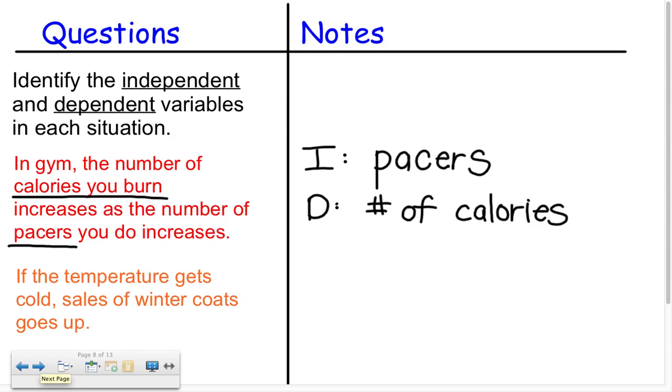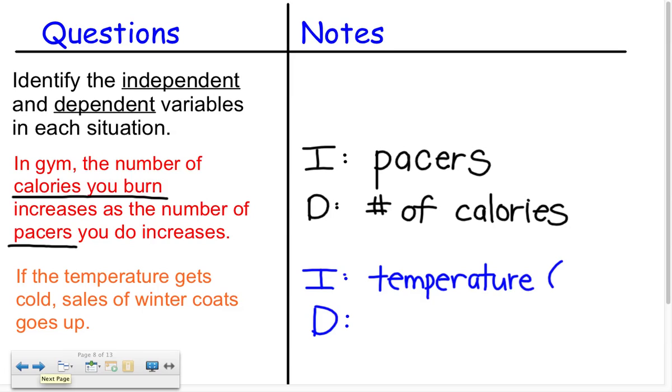If the temperature gets cold, sales of winter coats go up. So what has to happen first? Is the temperature going to get colder, or are the sales of winter coats going to increase? Well, people aren't going to start buying coats until it gets cold. So it has to get colder. So the temperature is the independent variable.